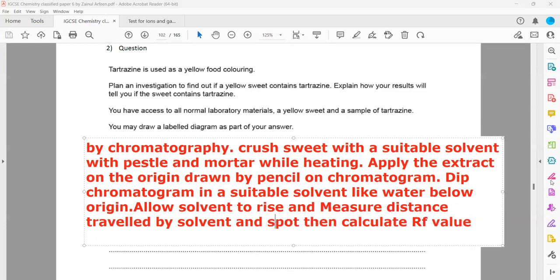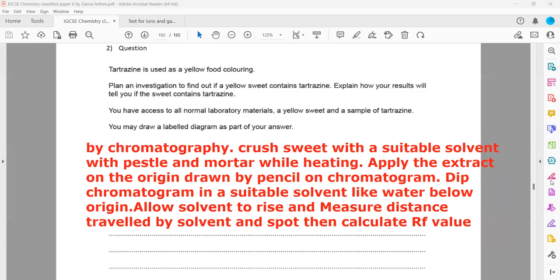Then calculate the RF value or compare the RF value. If the yellow sweet contains tartrazine, it will have the same RF value, or you can also compare the height. Is this experiment planning clear? Yes, sir, clear.